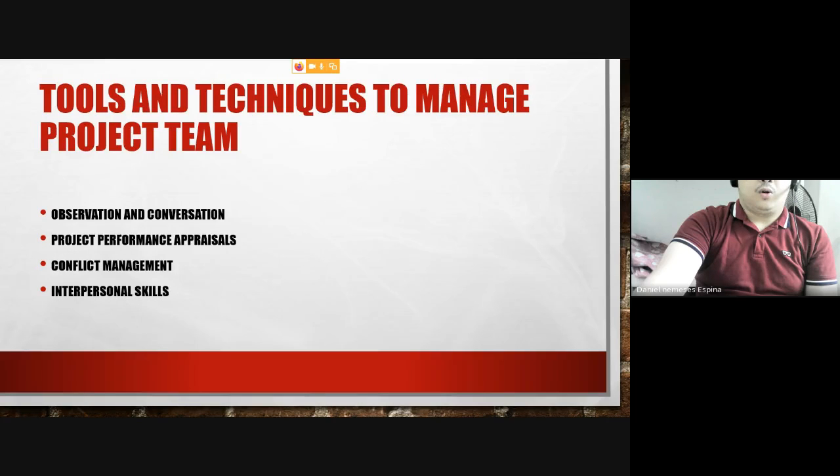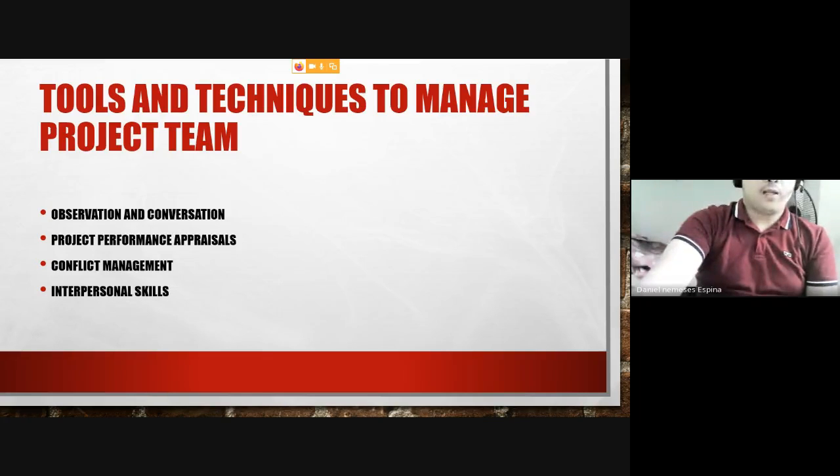So what are the tools and techniques for the project manager in managing their team? You have good observation and conversation. So there's a constant observation of your team members and conversation with them. Di ba? 90% of the job of the project manager is communication, so you need to be aware of that.